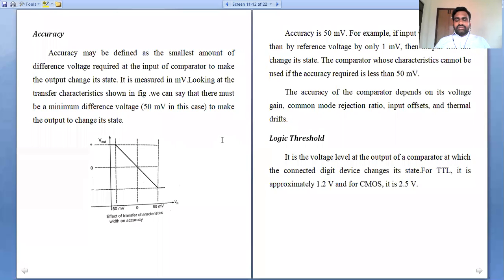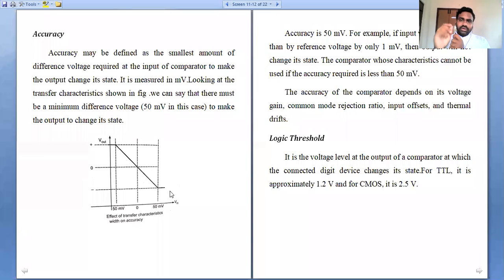Why? Because the deviation in this particular non-linear application of the operational amplifier, particularly the comparator, is very, very small. If we see the transfer characteristics here, how can we analyze the transfer characteristics of the comparator with respect to accuracy?